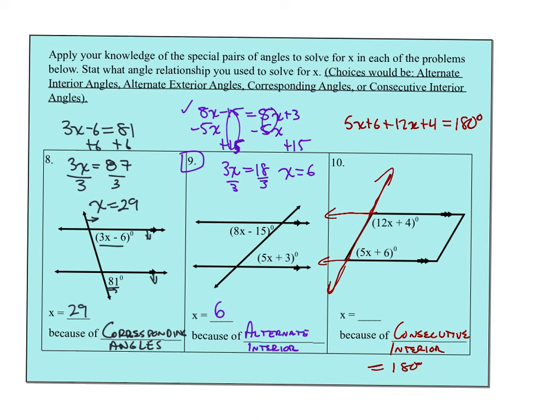So what does that become? That becomes 17x plus 10 equals 180. So subtract 10 from both sides. So that becomes 170. X equals 10.